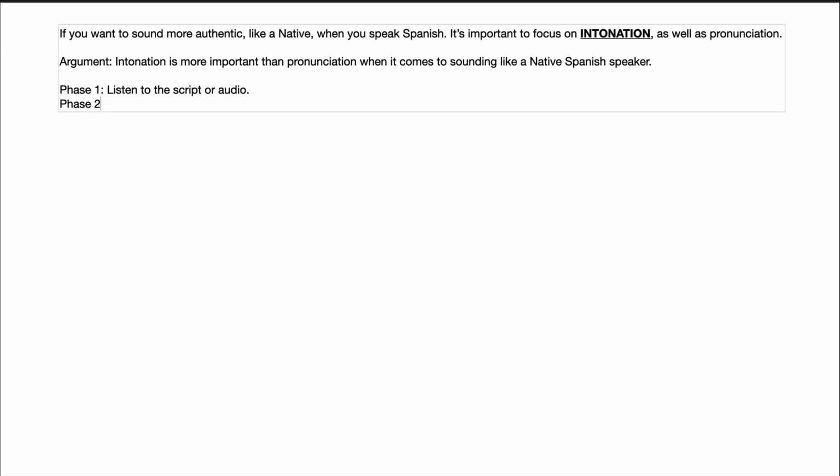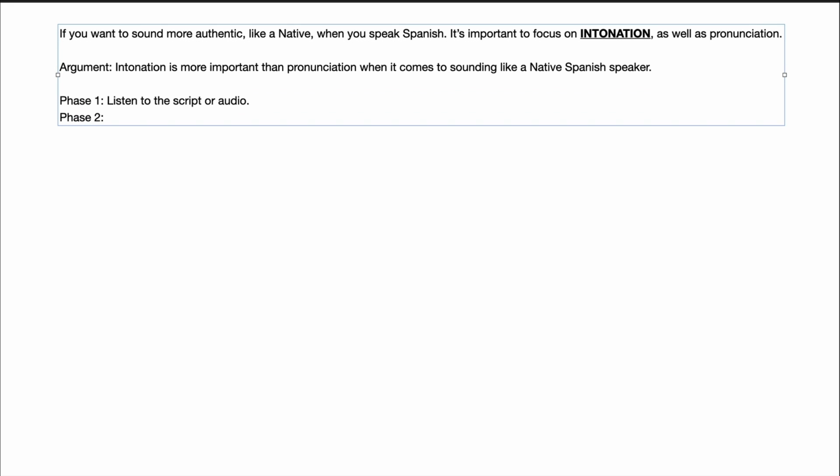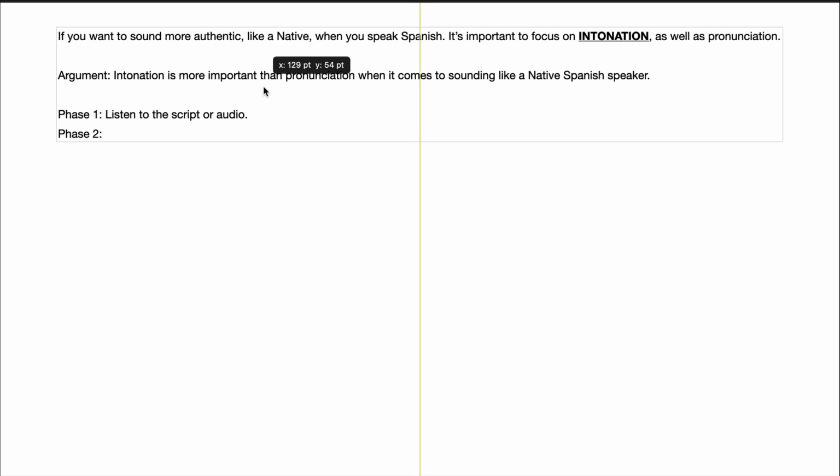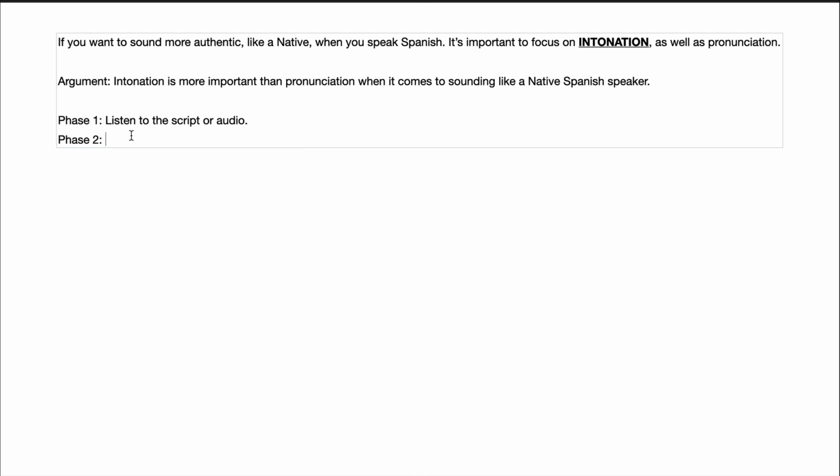Phase two, sorry, I have like OCD when it comes to how stuff looks. All right. Now phase two is going to be listen. All right, we already listened.